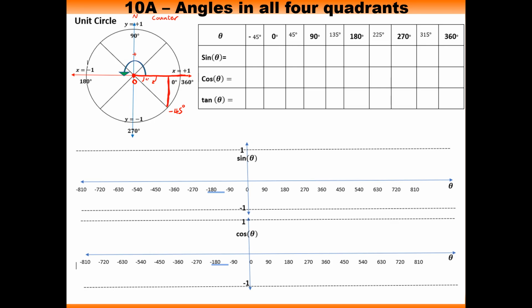This angle is negative because we're turning clockwise. So clockwise goes in the negative direction, anticlockwise or counterclockwise means positive direction, positive angle. All right, so make that association for yourself.